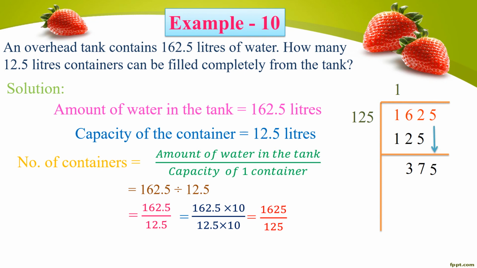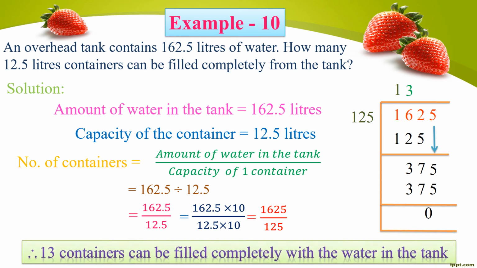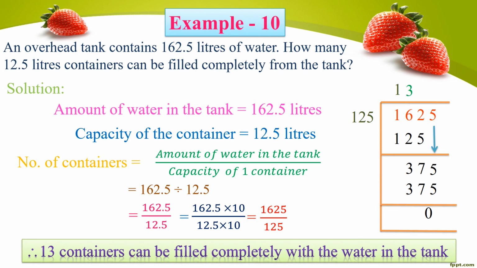Now bring down the 5. Now the number is 375. There are 3 125s in 375. So 125 into 3 is equal to 375. On subtracting, the remainder is 0. Therefore, 13 containers can be filled completely with the water in the tank.